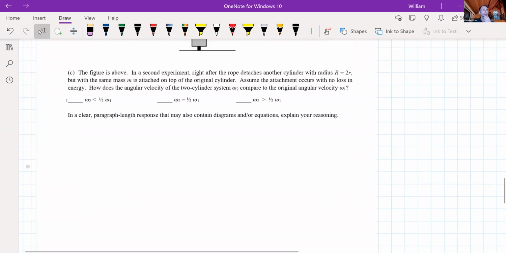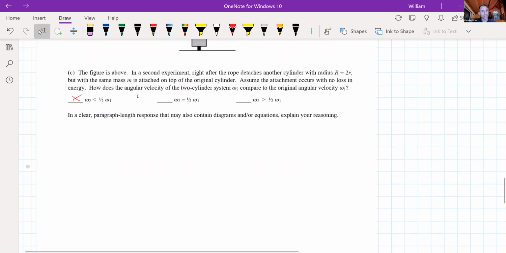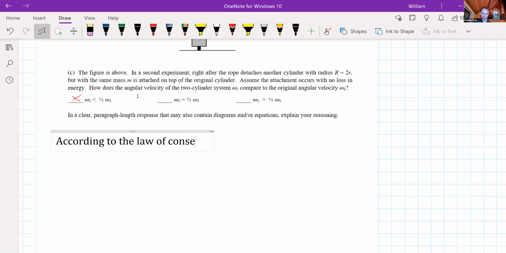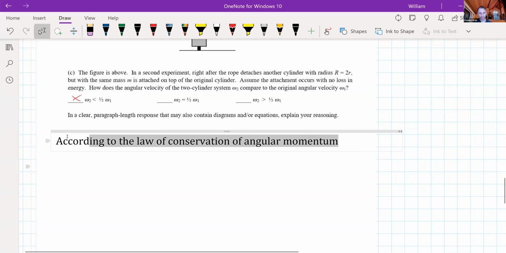So first of all, the answer is omega 2 would be less than half of omega 1. And here is how I will justify it in a paragraph length response. This is the way you should speak. Refer to relevant laws and principles. So according to the law of conservation of angular momentum, let's change this sizing here so it fits better.